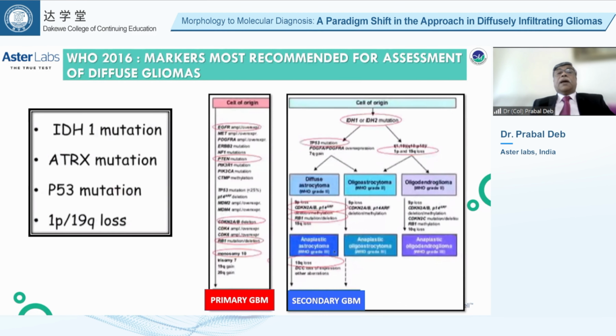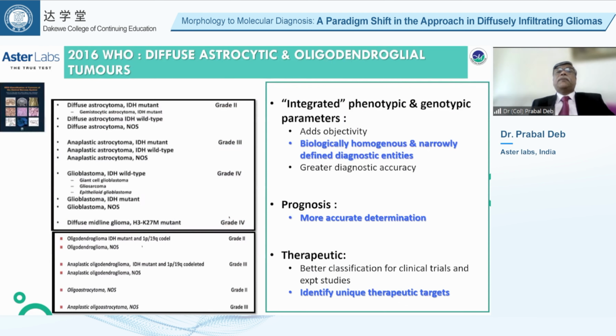And that is why WHO 2016 recommended IDH1 mutation, ATRX, P53, 1p19q co-deletion as markers to assess what is the type of tumor, what is the type of glioma that we have. Is it a primary or secondary GBM?